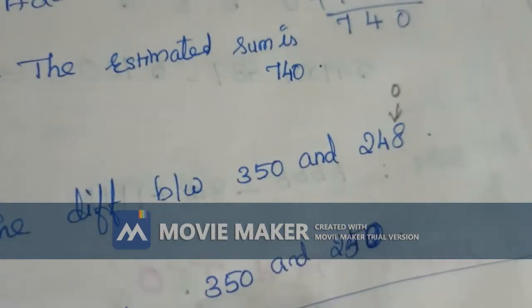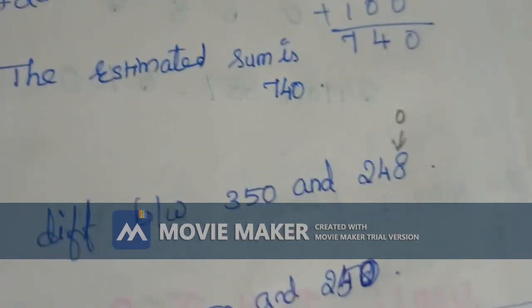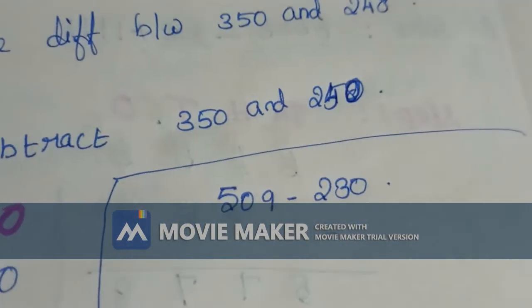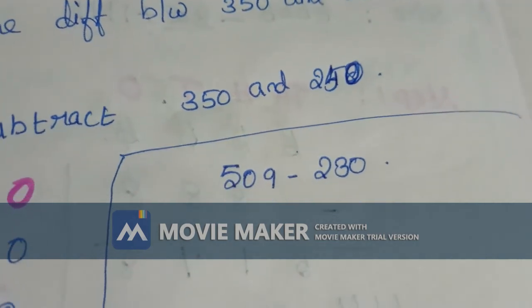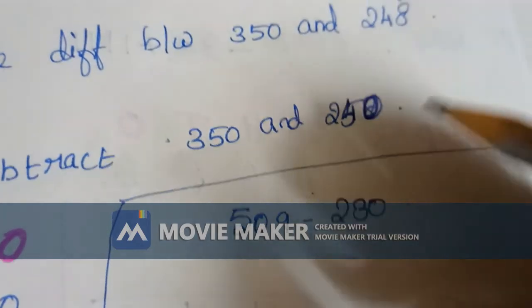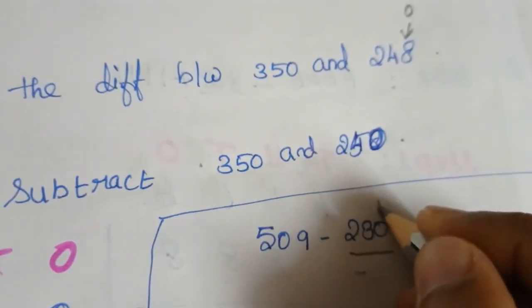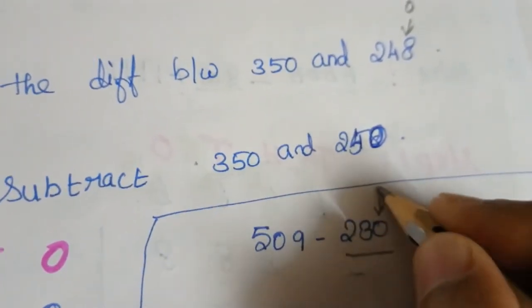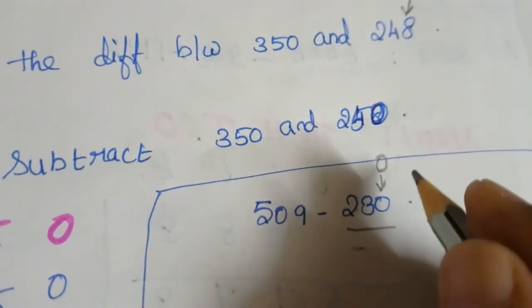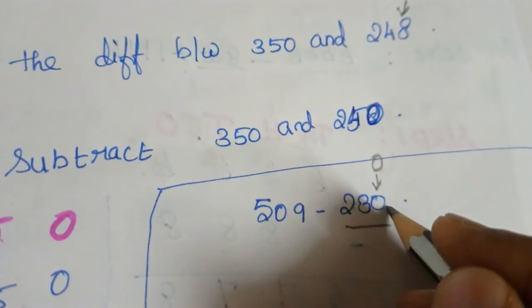In the same way you have to find the estimated value for this: 509 minus 230. So how to find this one? Here the ones place value is already 0, so we don't make any changes to this number.